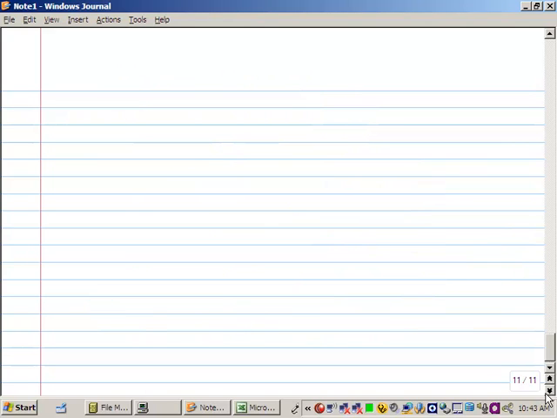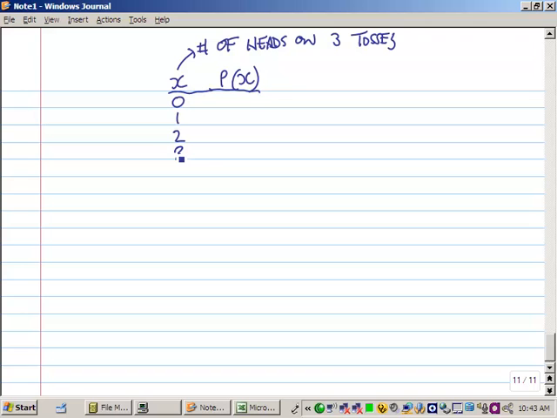Notice that what we have is what we'll see later is a probability distribution. It's a good concept to see now. So X is the number of heads on 3 tosses of the coin. So we could either have no heads, 1 head, 2, or 3 heads.